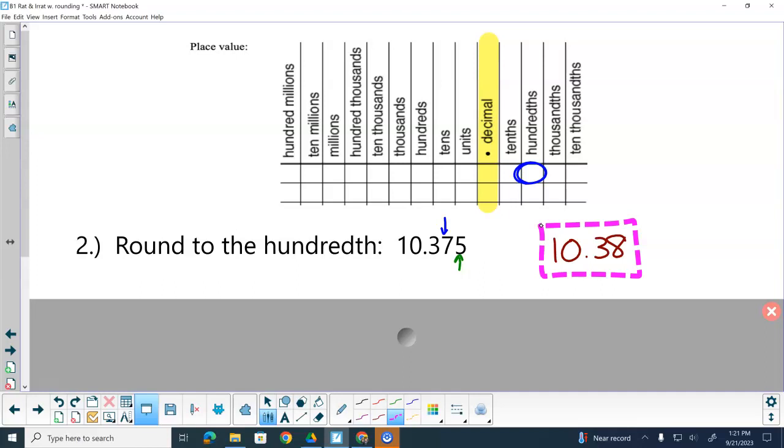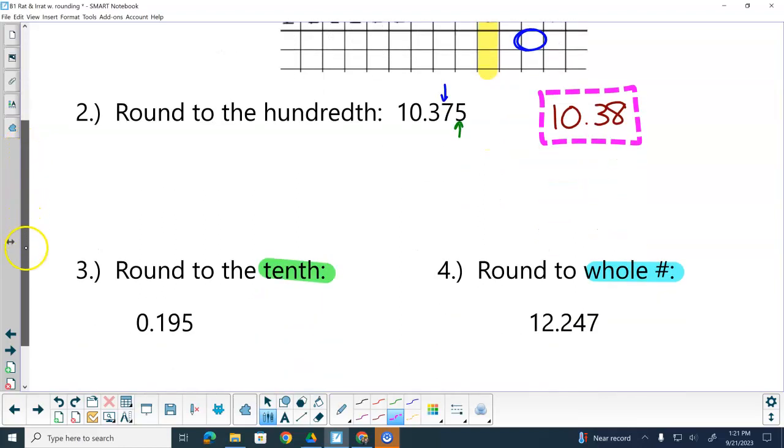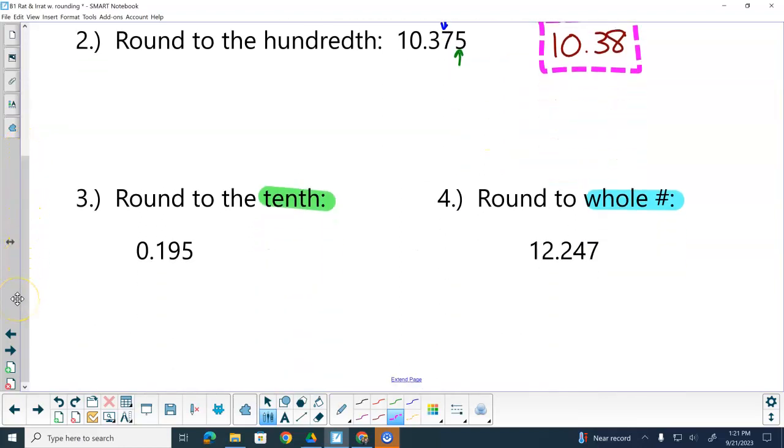You now do 3 and 4 down there at the bottom: rounding to the tenths and rounding to the whole number. How many places to the right of our decimal point is the tenths? 1 place to the right, which means I look to the next one.